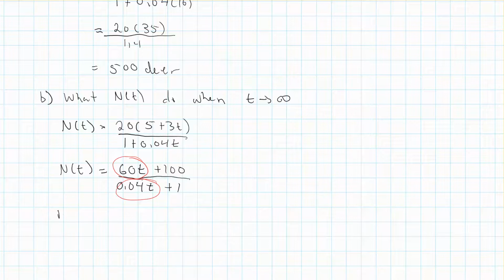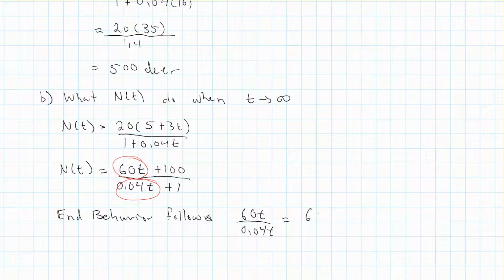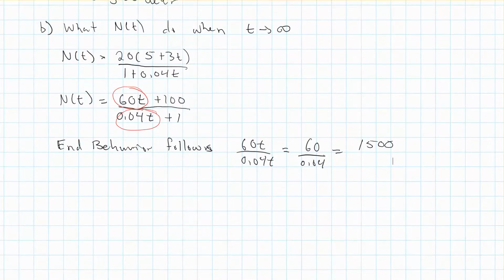So my end behavior follows 60T over 0.04T, which reduces to 60 over 0.04. If you do 60 divided by 0.04, you get 1500.